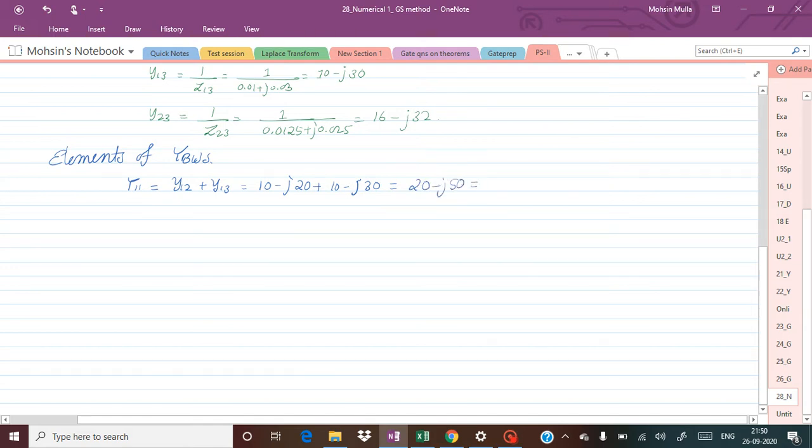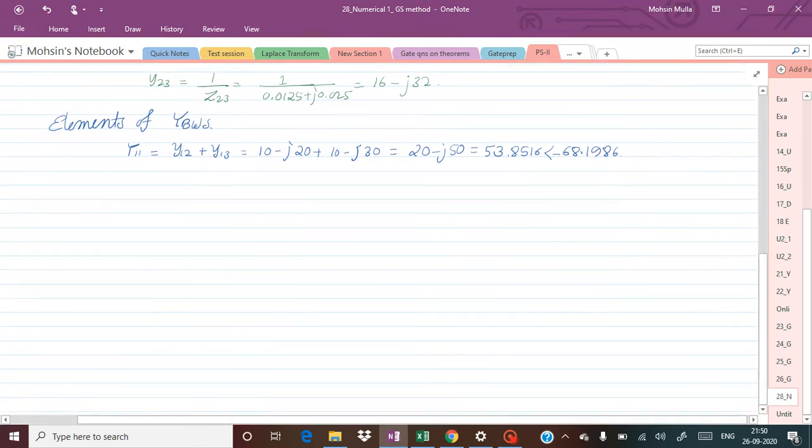Converting this rectangular form into polar form using the calculator, we get magnitude 53.8516 and angle minus 68.1986. So 4 digits we will take. This is the first diagonal element of the y bus.